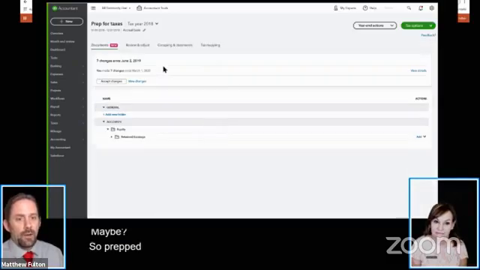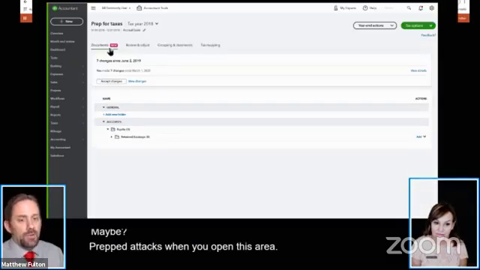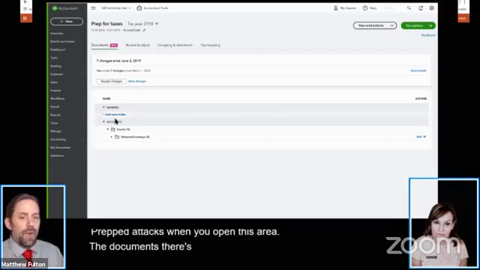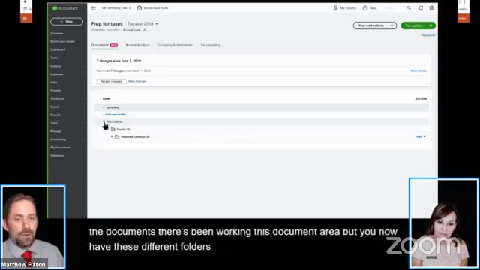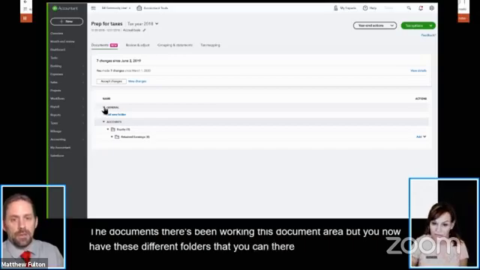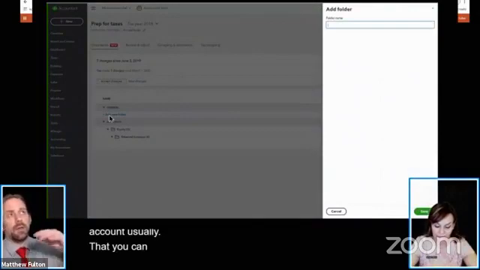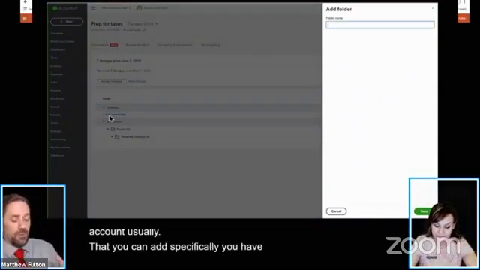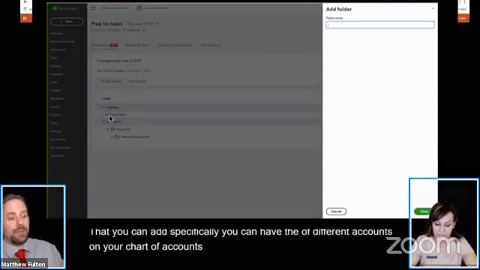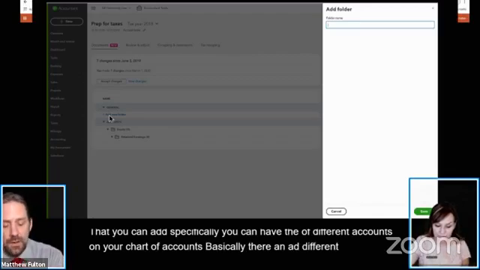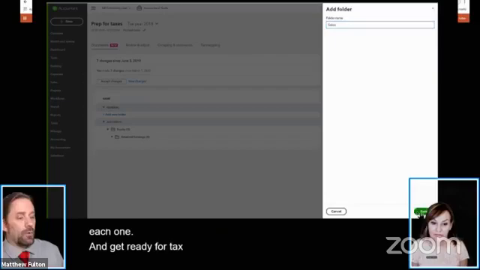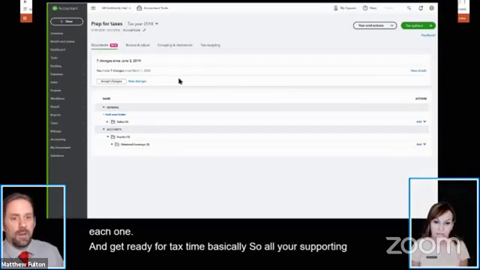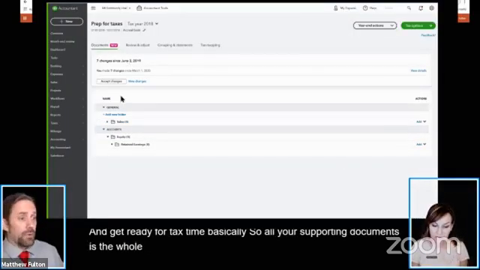When you open this area, the documents area, you now have these different folders, usually per account, that you can add to specifically. You can have the whole tree of accounts from your chart of accounts there and add different files into each one, and get ready for tax time. So all your supporting documents is the whole point, which I think is pretty cool.